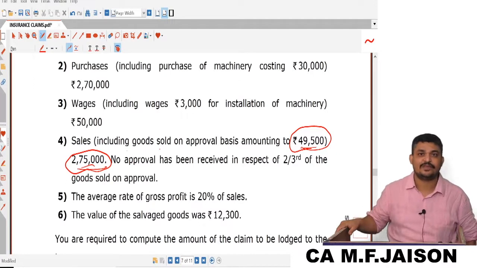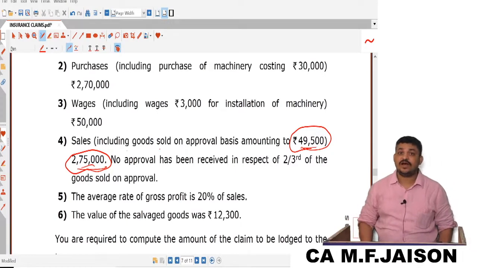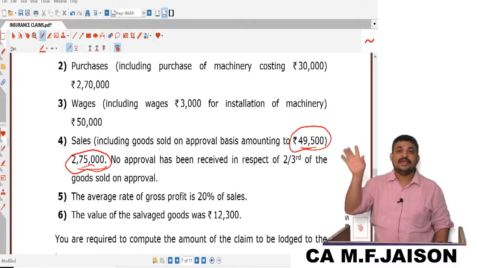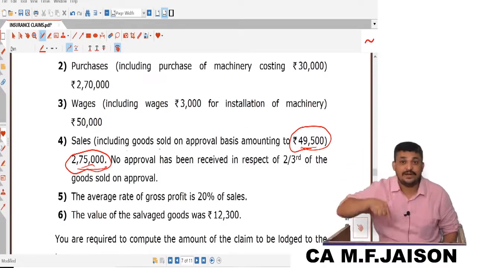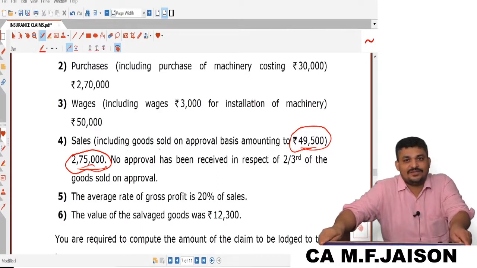So stock on date of fire does not mean the total stock of which I am the owner. It is only the stock available in the shop on the date of fire. I hope you are following this.